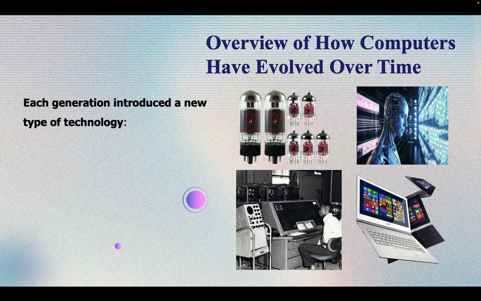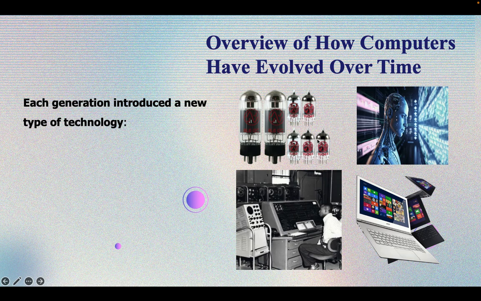So we can talk about each generation having introduced a different way in which computers process data. We can talk about the first generation that introduced vacuum tubes, until we now have artificial intelligence.